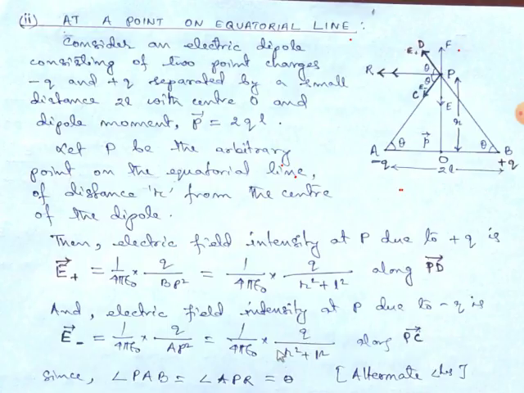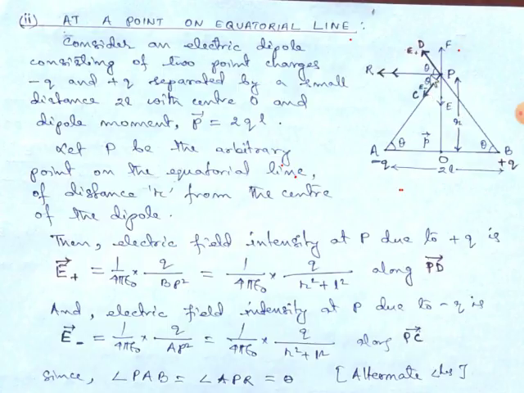Now angle PAB is theta and is also equal to the angle of the other triangle, because these two lines are parallel.